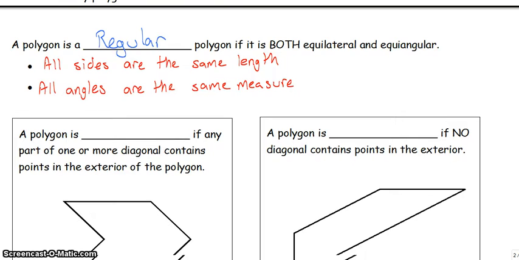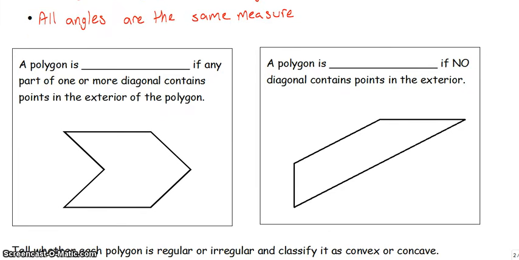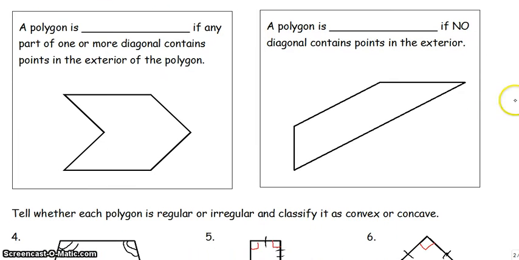The other classification of a polygon is concave and convex. We call that polygon concave if any part of one or more diagonals contains points in the exterior of the polygon. In layman's terms, not math talk, that means if you draw a diagonal and it goes outside of the polygon, it's concave.